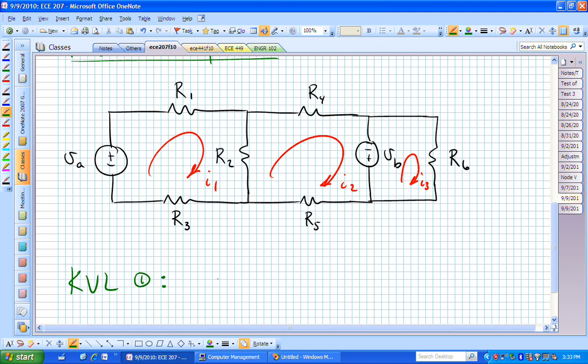We're going into the minus terminal of the first voltage source. That's going to be minus V sub A. Then we have a voltage drop from left to right in the direction of positive current flow I sub 1 across resistor R sub 1. That voltage drop is given by Ohm's law, which is R sub 1 times I sub 1.